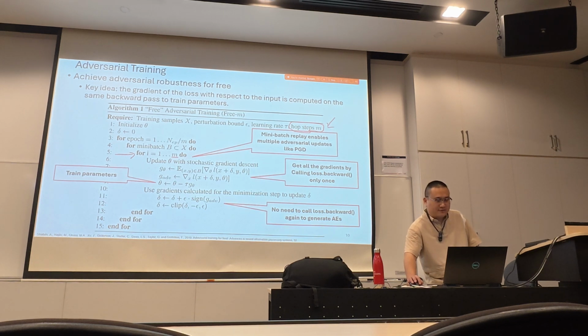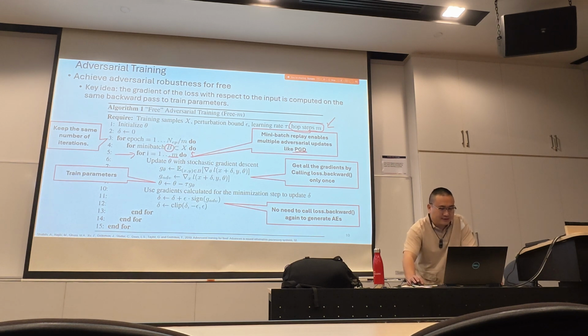In this way, we follow a similar strategy used by PGD. Given a mini batch of inputs, we generate the text using an iterative procedure. For example, if m equals 5, then we generate the text using 5 steps of PGD.